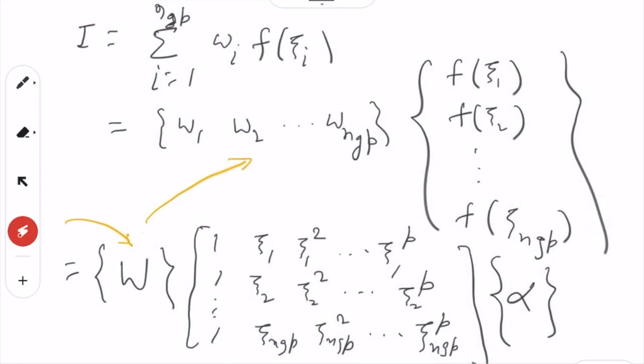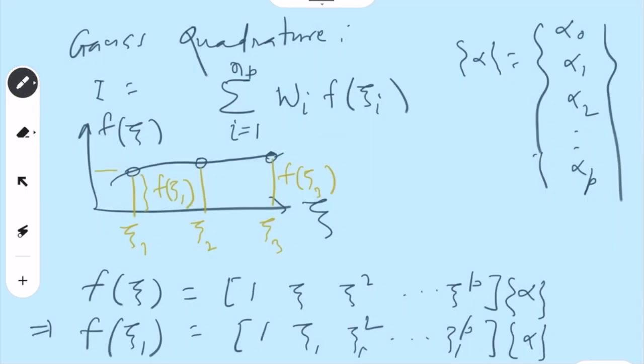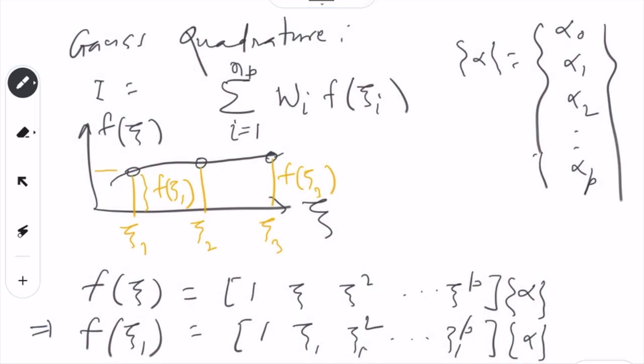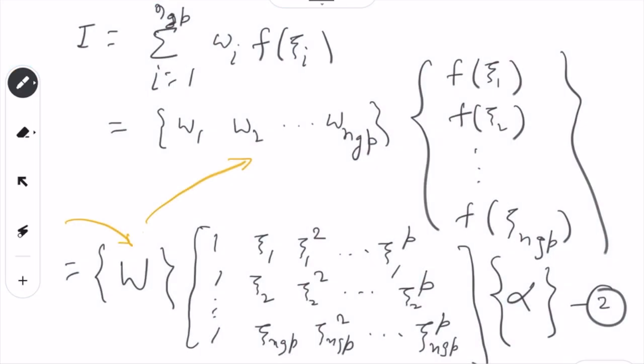If you compare both of them, let's say this is equation number 2, and the first one was equation number 1. So from 1 and 2, both should be the same value.